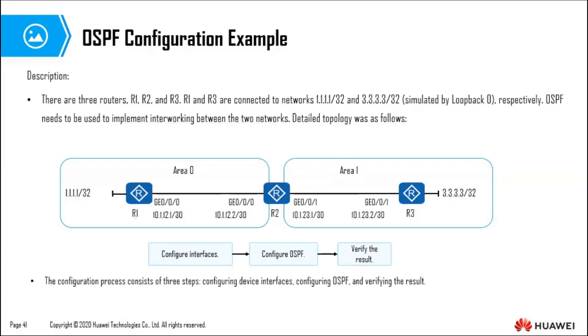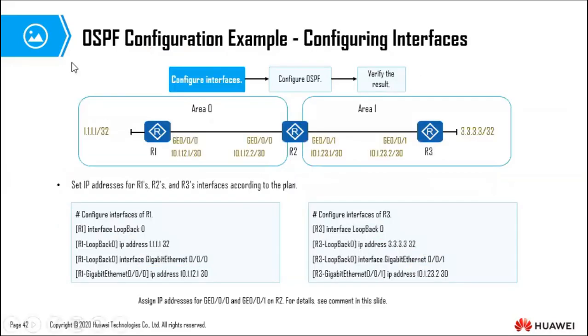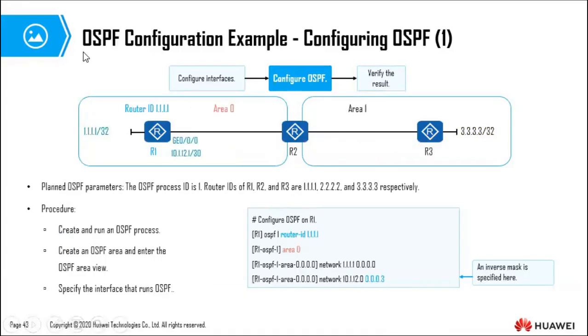Okay, so let's do that. I'm not going to go through this because we talked about this in the previous lab about configuring interfaces. So you simply go into the interface view, you give it an IP address and the mask using that command, just like that. Okay, so let's go on to configuring OSPF.